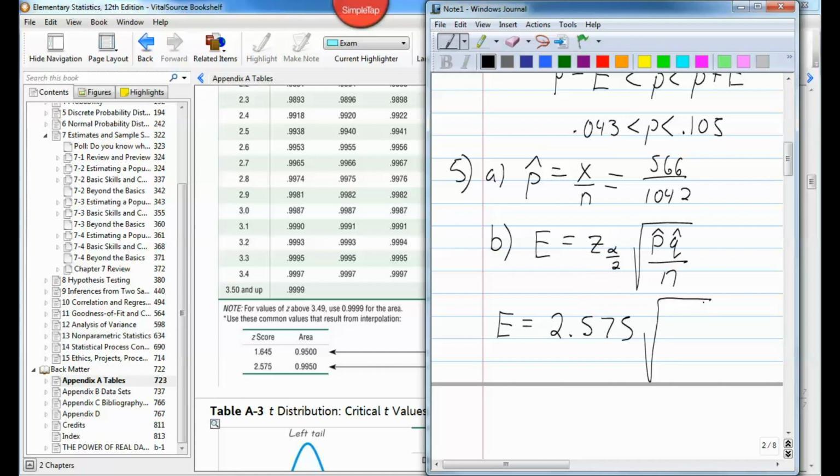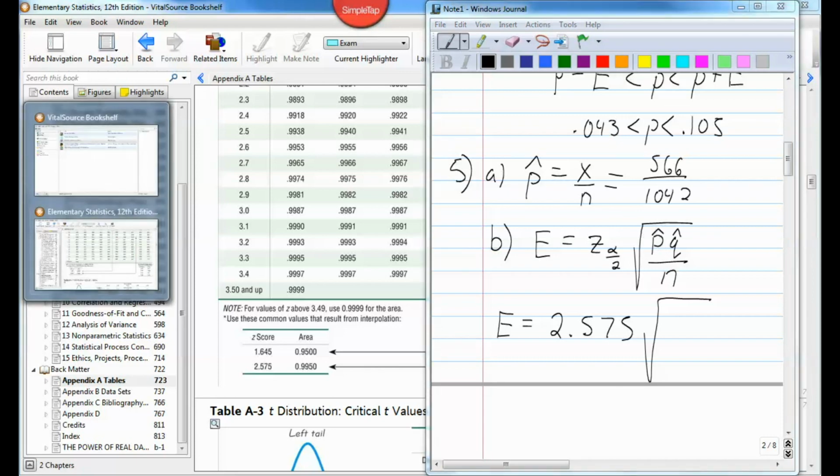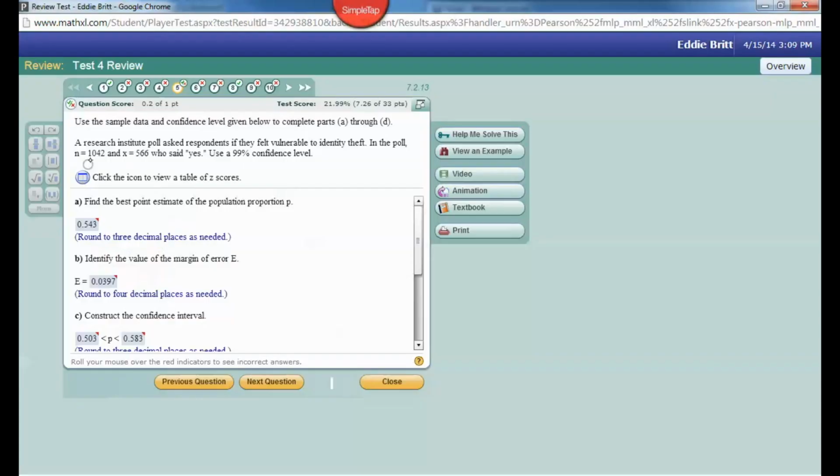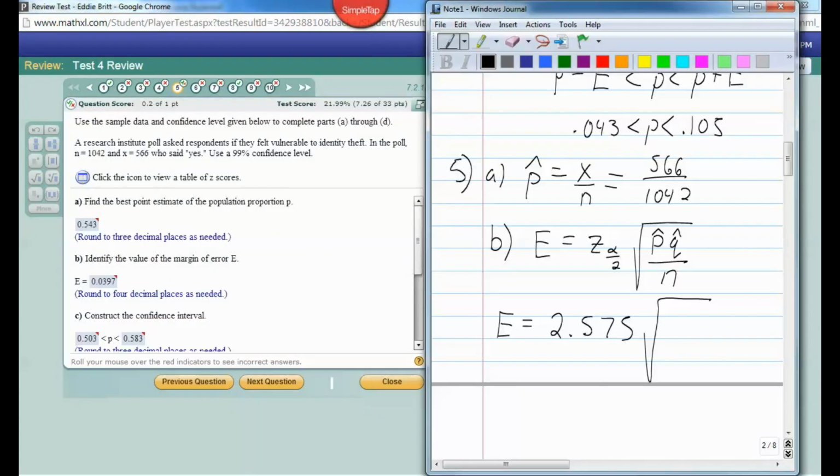Times p hat. I know we rounded p hat in the previous step, but I would suggest keeping it as exact as possible. So I'm going to put it as this fraction right here, which is what p hat was before I rounded. It's not good to plug rounded values into formulas. So that's p hat.